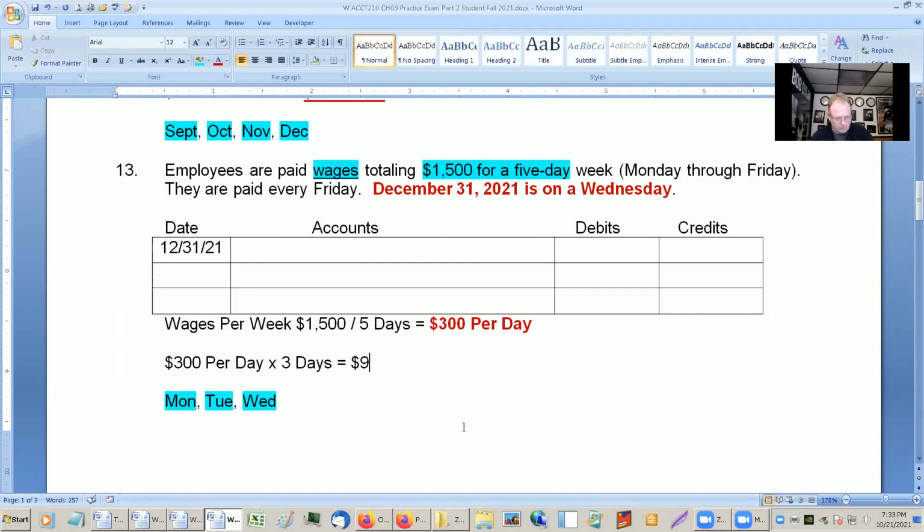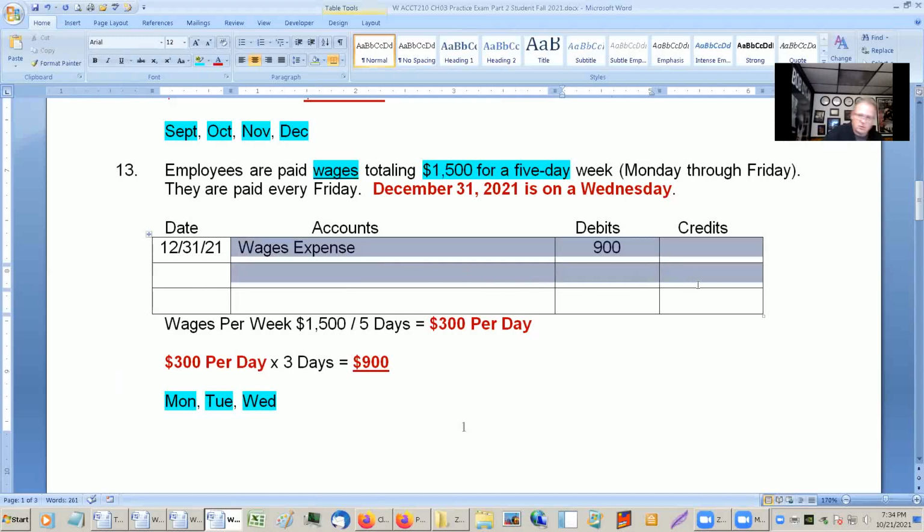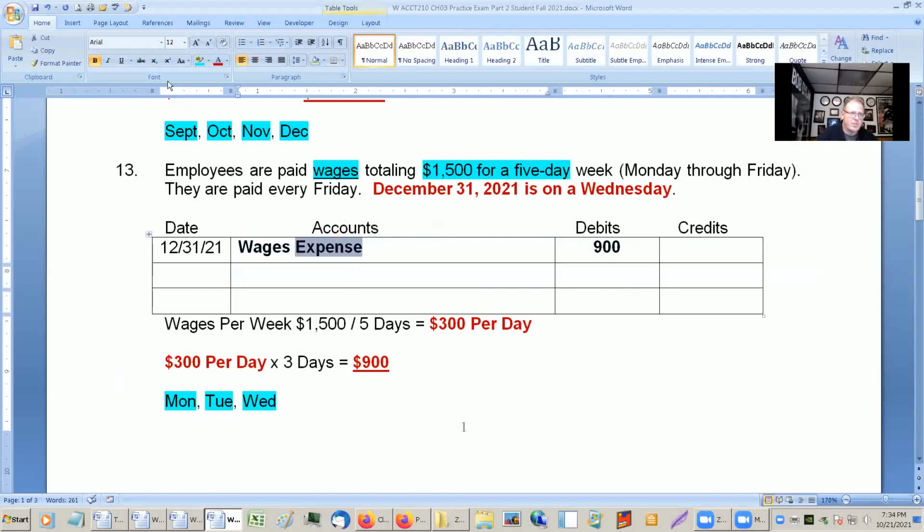Yes. Okay, so we owe them for 3 days. Is this going to be an expense? It is an expense because it's going out. Yep. And expenses are always debits. And we use 900 of wages. Okay, and again, we have an expense.